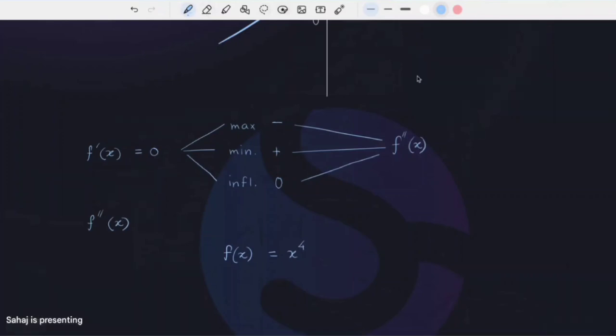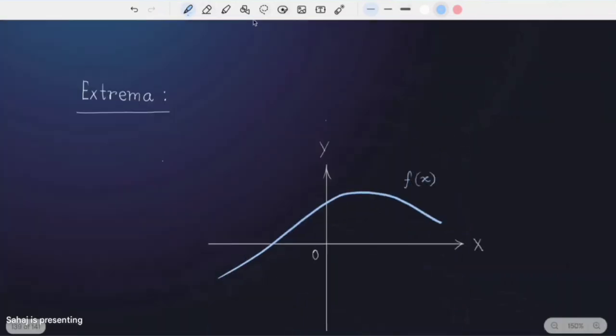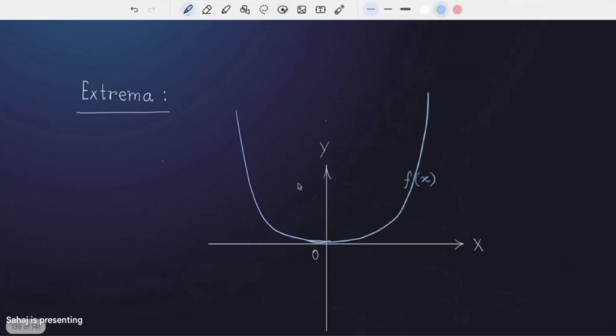This function looks something like this. So we can clearly see that it has got a minima at x equals 0.